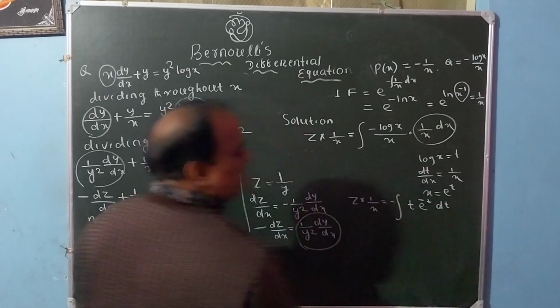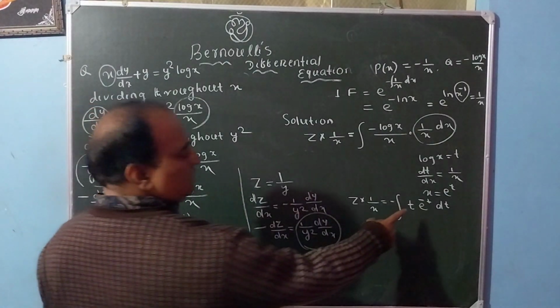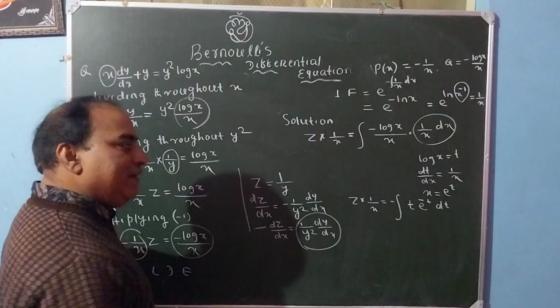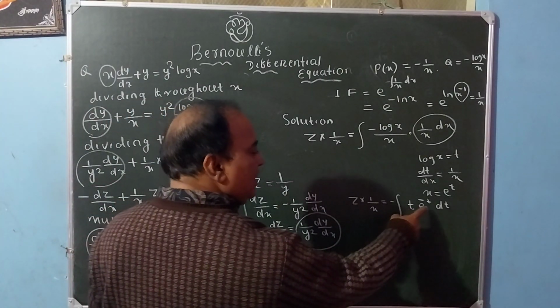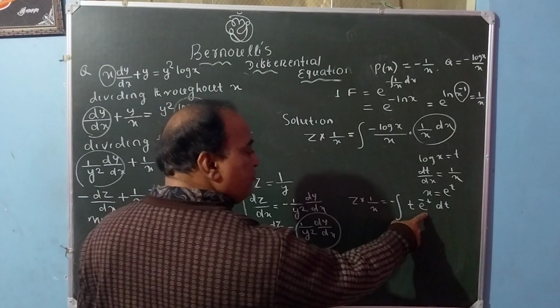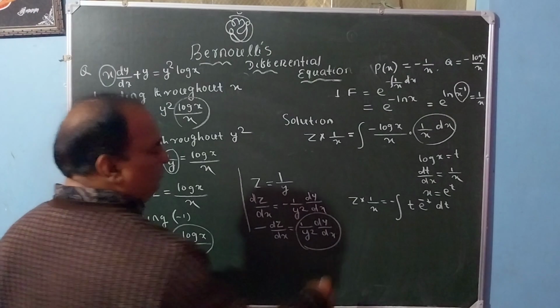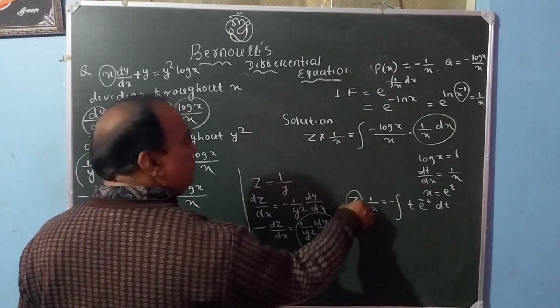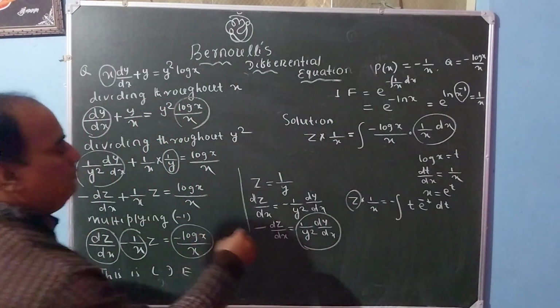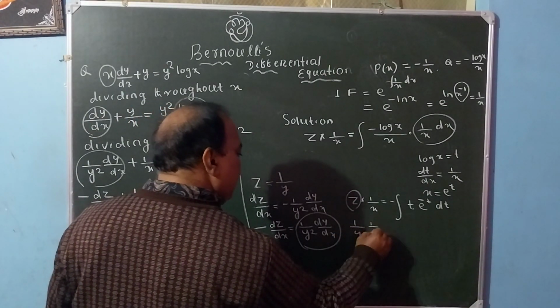This much is converted. Now applying integration by parts, two types of functions are multiplied: one is an algebraic function, another is an exponential function. So the exponential function comes second, that is v, and here it is u. In place of z, we put 1 by y, times 1 by x.